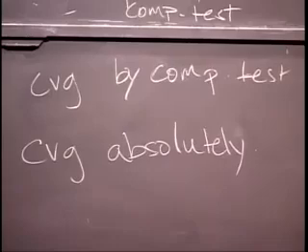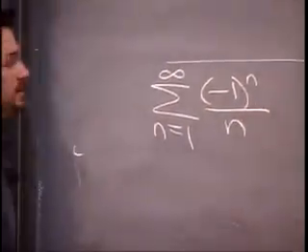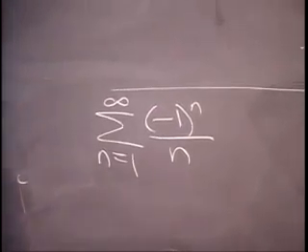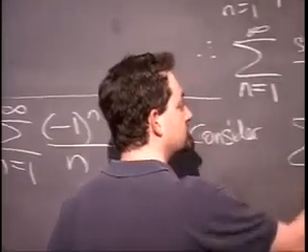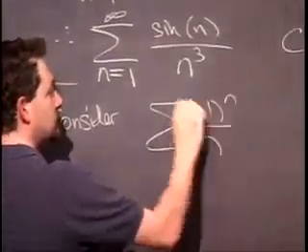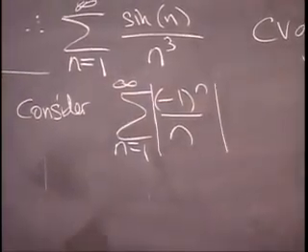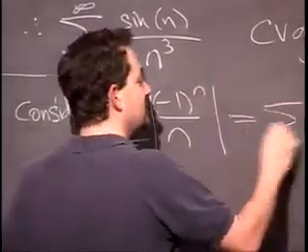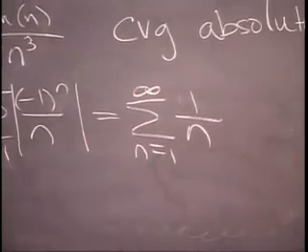Now consider one more series, and this is a really classic series. Minus 1 to the n over n. Well, consider its absolute version. We'll take the absolute values, and the minus 1 to the n is just either 1 or minus 1. So when you take the absolute value, it forgets which one it is and just reduces it to 1 over n. Does that converge or diverge?